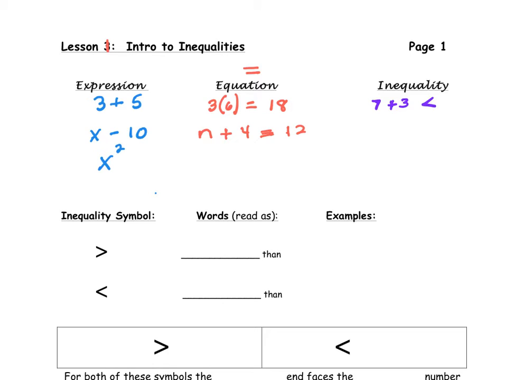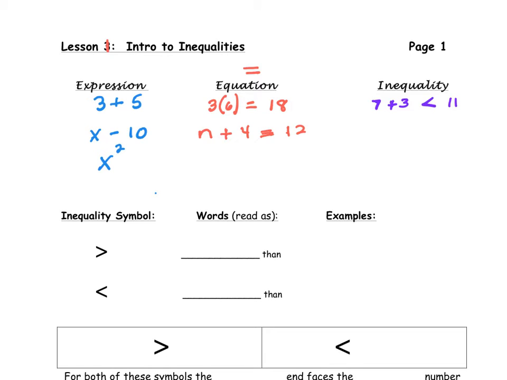So 7 plus 3 would be 10, so whatever I put on the other side, 10 is smaller than this number. So as long as I use 11 or above, or for that matter, 10 and 1/10 or 10 and 2/10, we could start working with fractions and decimals, as long as the number on the other side meets this standard, that whatever is on this side is smaller than whatever is on this side, we've written an inequality. So that's what it looks like in numbers.